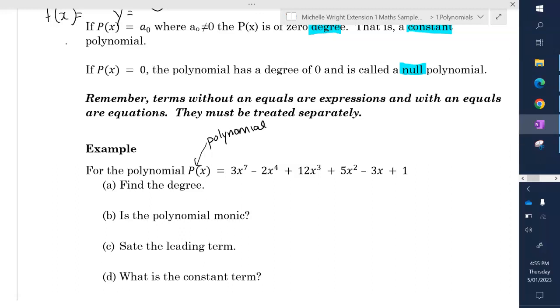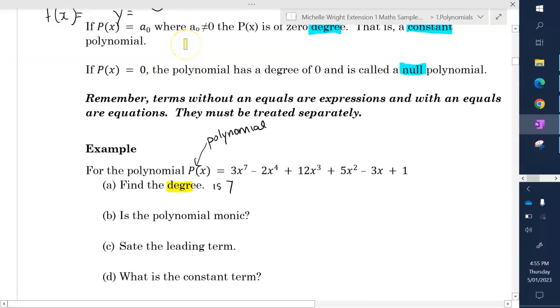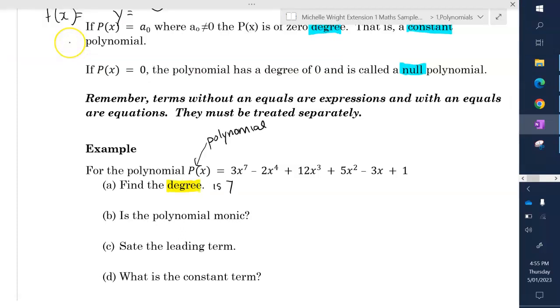So that's what I want. If it's not in that form, you need to write it in that form. Part A says find the degree. The degree is 7. So if you think what I wrote back before on our terminology, the degree is the highest power.